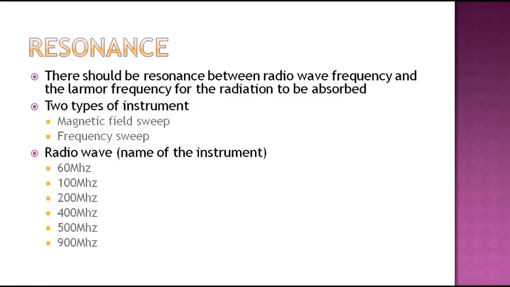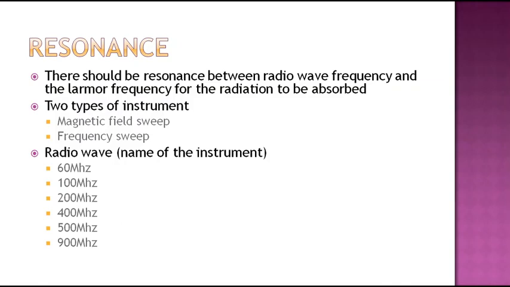What is the problem here? Since the magnetic field is low, the signals for different protons appear close to each other, and sometimes in big molecules the signals of different protons may overlap, and therefore we have to go for higher frequency.